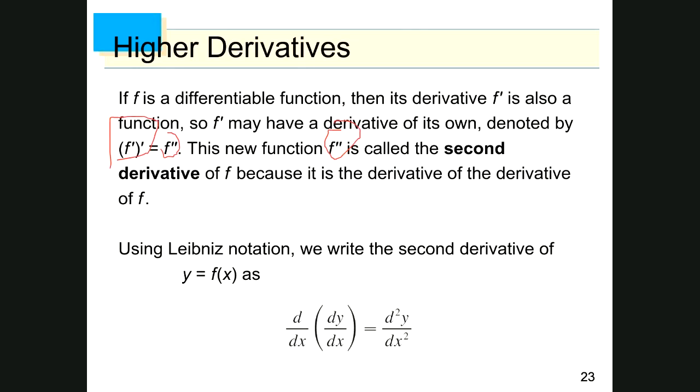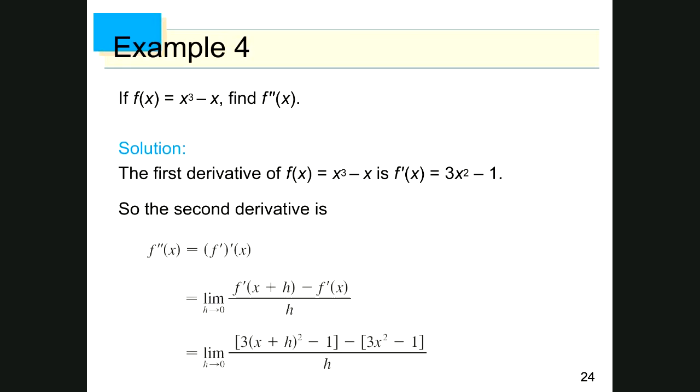I'm sure everyone knows that. You're smiling because you know already. In Leibniz notation, d dx of dy dx is just d squared y dx squared. So you can say f double prime, or you can just say d squared y over dx squared. It's the same thing, all right? I will not force you to use Leibniz notation or not to use it. If I say find the second derivative, just use f double prime or use d squared y over dx squared if you want.